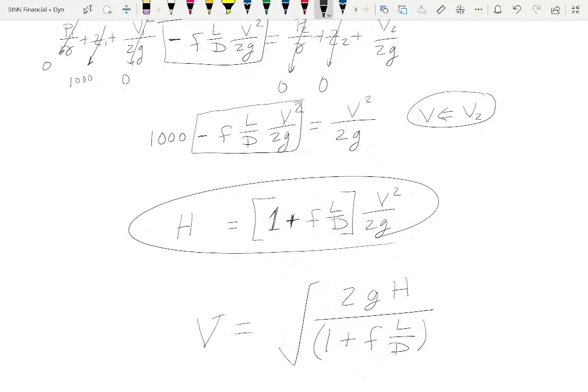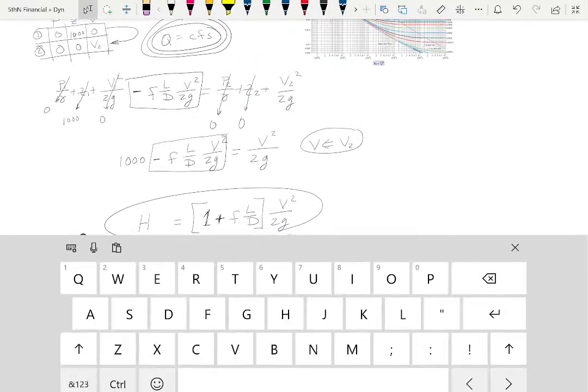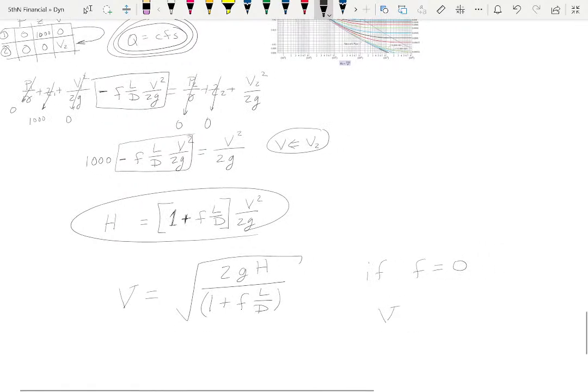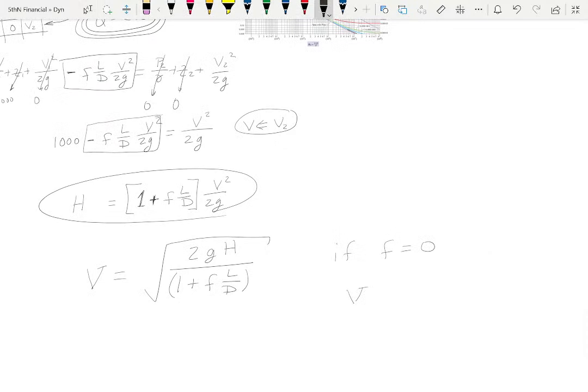So the first thing to notice is, if f was equal to 0, okay, wait, let me say all this first. If f is equal to 0, there were no losses. And therefore, if that was the case, then we would get 2gh, which is what we noticed before.